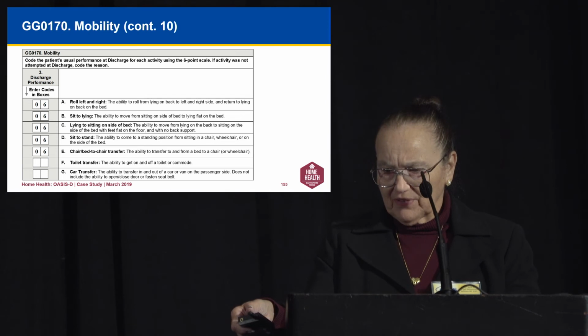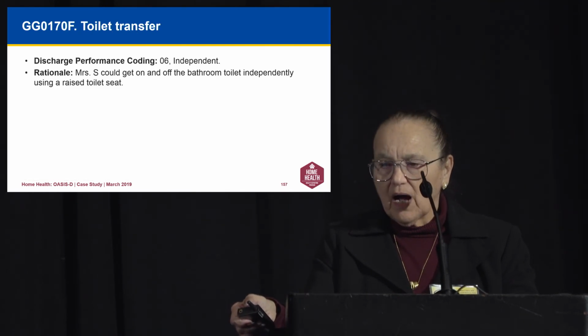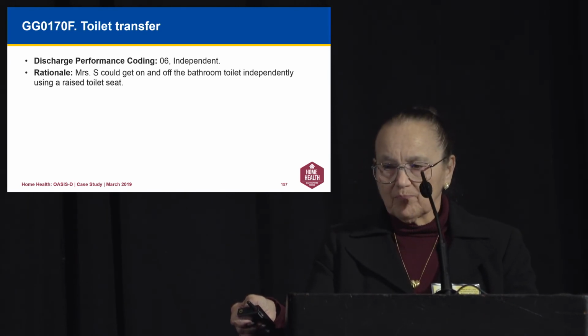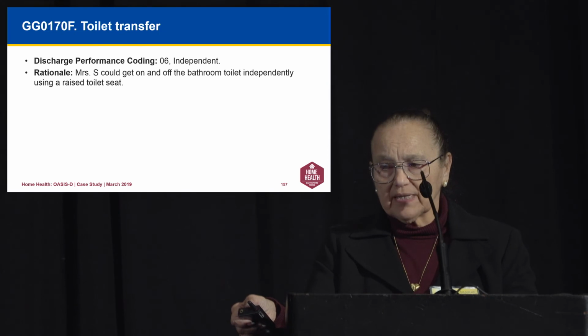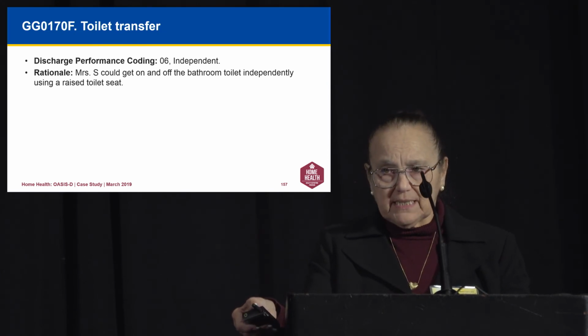Moving to F, the toilet transfer, 06. Upon discharge, we've coded Mrs. S as 06 independent. At discharge, Mrs. S can now get on and off the bathroom toilet independently using a raised toilet seat.